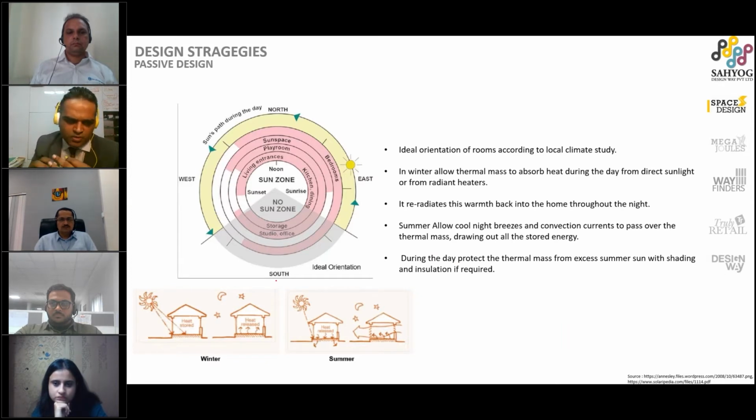Khushbu is going to talk about how a building also breathes. In the daytime, it takes in the heat which is outside, and in the night, it releases heat outside. So we have to design a breathable building.